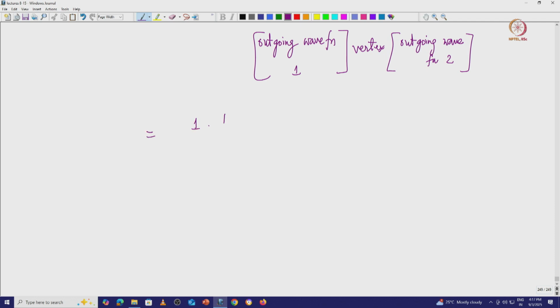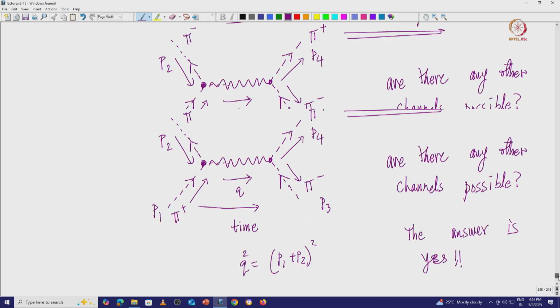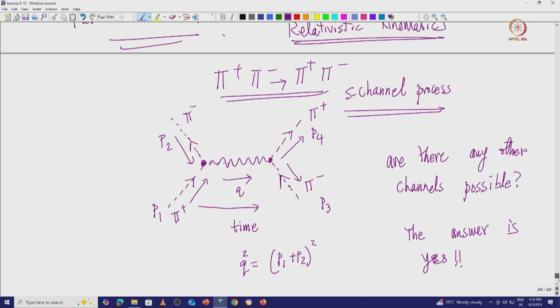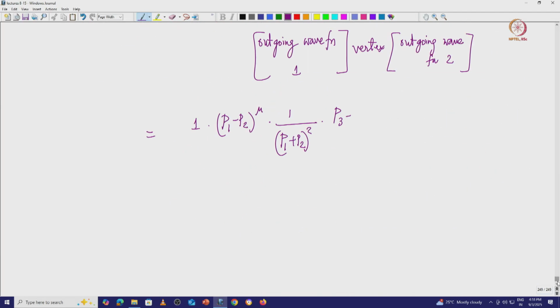The vertex is (P1 minus P2)^mu, and then the propagator 1 by (P1 plus P2) whole square, and then the outgoing vertex is (P3 minus P4)_mu.